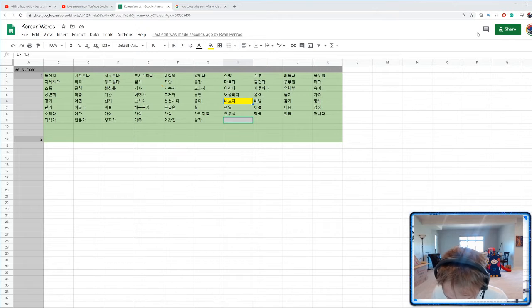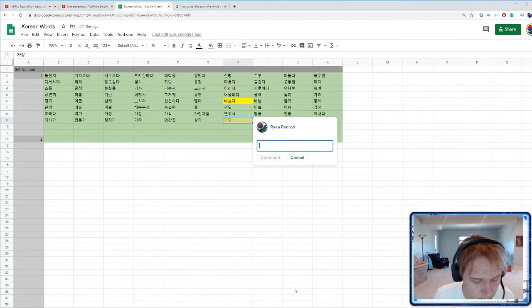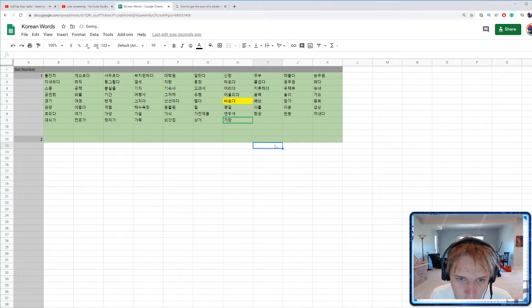Now, I know for a fact 가장 has a ton of different meanings, so I'm going to just go ahead here, insert comment that this one is head of a family. Housekeeping. 가장. Kasa.